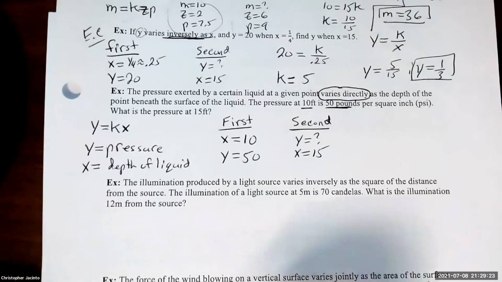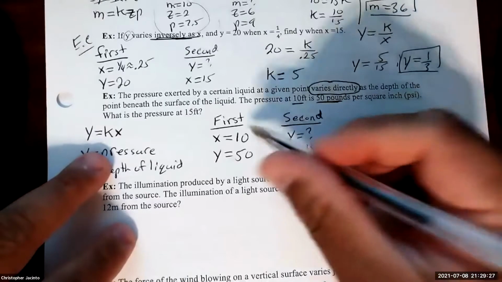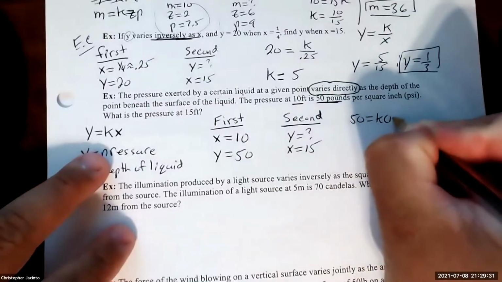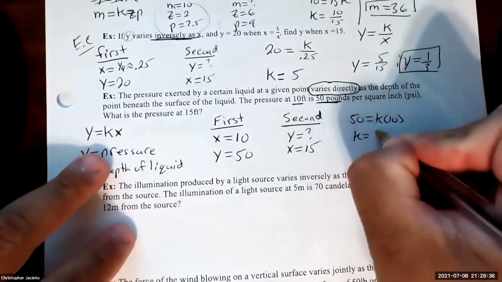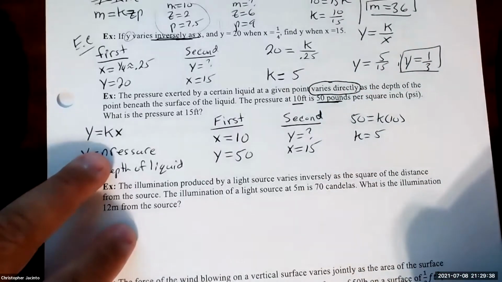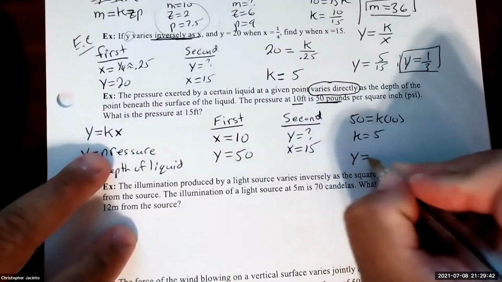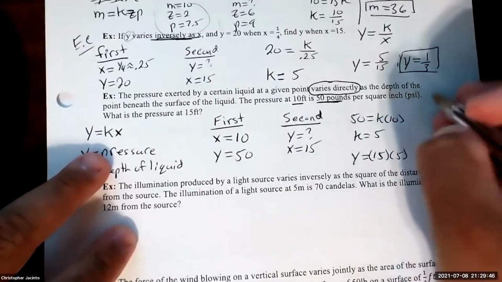Okay, all right. So in that case, we do the same thing we did for the first one. So using the first scenario, we're going to have 50 equals k times 10 to solve for k. So divide it over. So this k is going to equal 5 in this case. And now we can find our last example. So y equals 15 times 5.